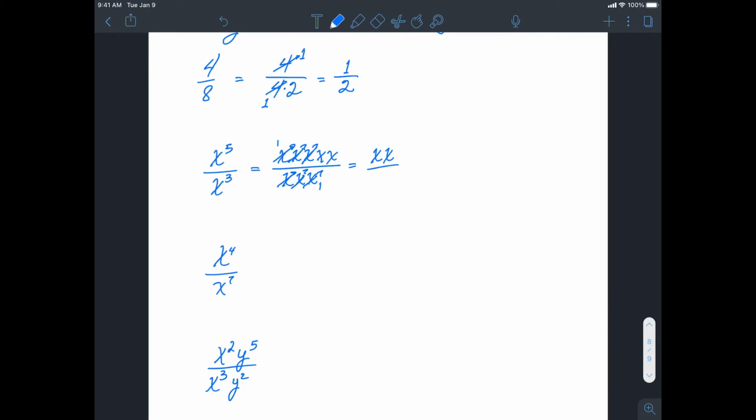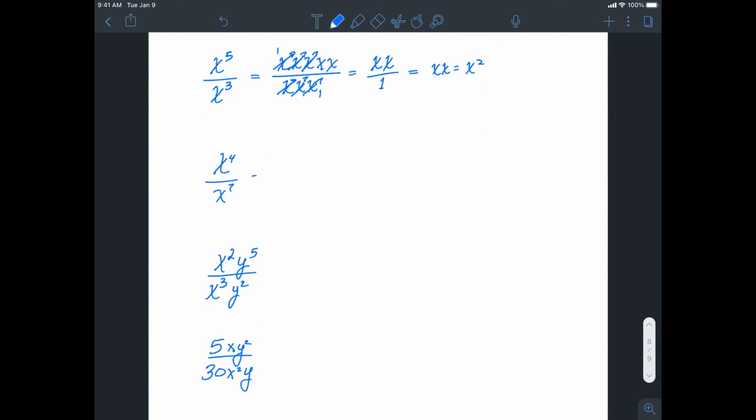And remember that even though we've canceled all of the x's in the denominator, 1 remains. But anything over 1 is just the numerator, so this would be x times x, or x squared.